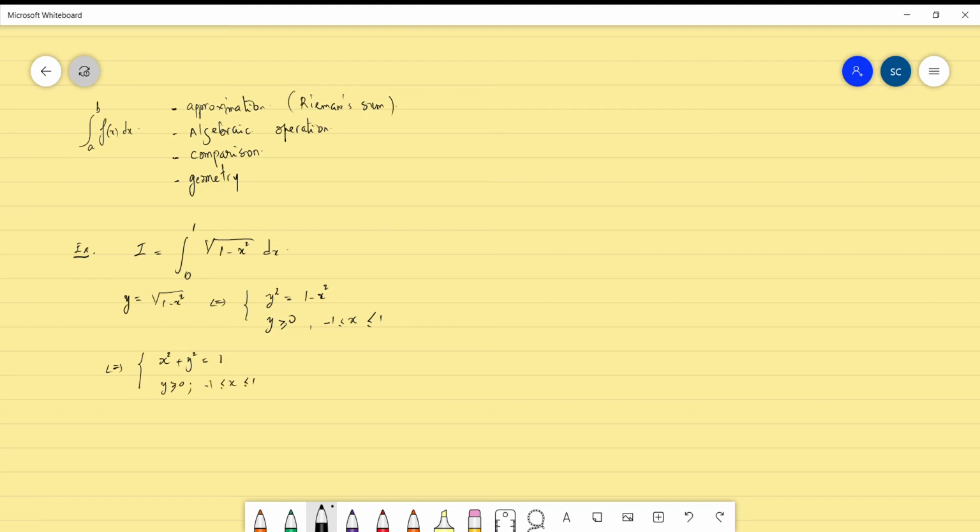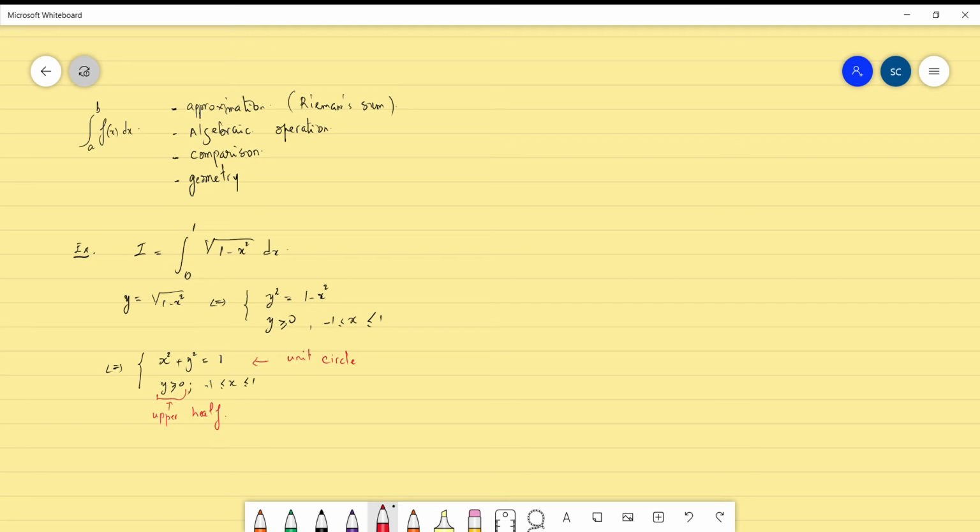From here, we see that the equation x^2 plus y^2 equals 1 is a circle, the unit circle. Then the condition y positive means that we need just the upper half of the circle.